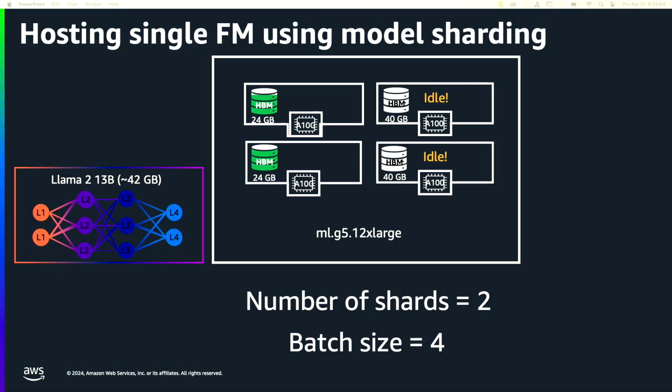Well, you will need to shard the model into at least 2 shards so that you can fit the model into 2 GPU devices. However, there are still 2 GPU devices left idle, which we can utilize. Now you can increase the shards to 4 and fit more inference requests in terms of concurrency.